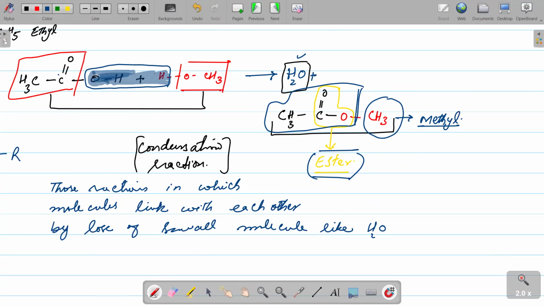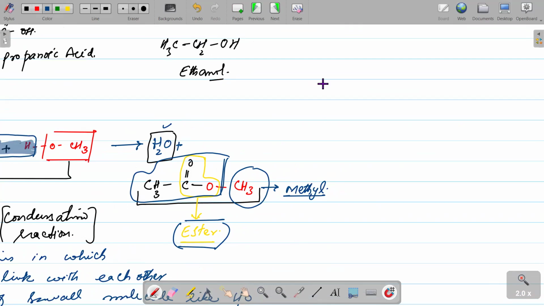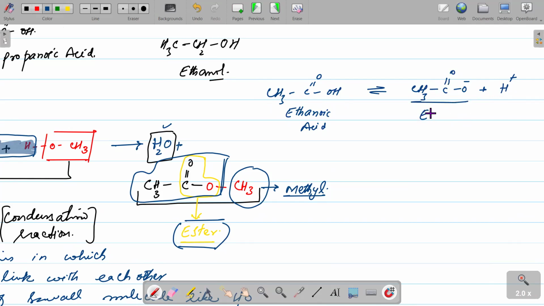Okay, here is a tip for the naming of these esters. Look at this. If I have this carboxylic acid, ethanoic acid, we said that when ethanoic acid loses hydrogen, the remaining negative part's name became ethanoate.